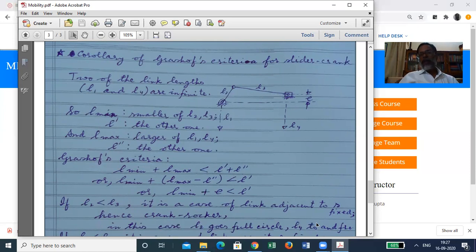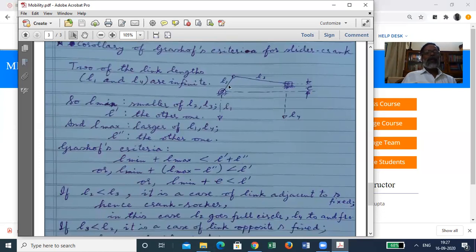This is the useful slider crank mechanism. This is a slider and this is the crank. Of course, it will not be the input link if this is the one which is really driving. But anyway, it is full circle rotatable, so it is a crank.